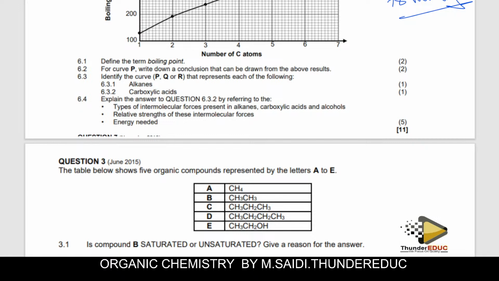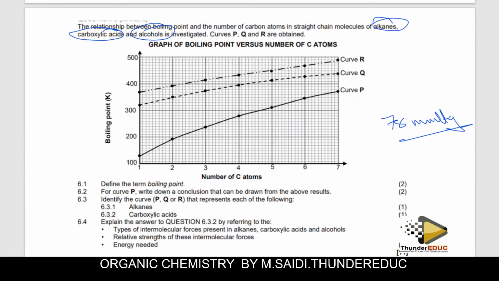Should I repeat it? If you look at these alkanes, alkanes only have London forces. Alcohols and the carboxylic acid also have London forces. But in addition to London forces, for the case of alcohol, they also have dipole forces and also hydrogen bonds, but with one side for hydrogen bonding.